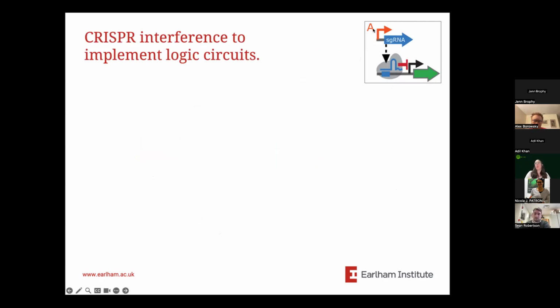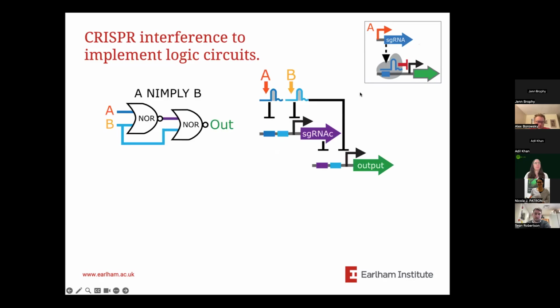So here you have the inputs that will lead to the expression of sgRNA, which is the binding domain of the system that will allow the binding of the dCas to the synthetic promoter, and then it will lead to the repression of the expression of your promoter. And so you will not have expression anymore.